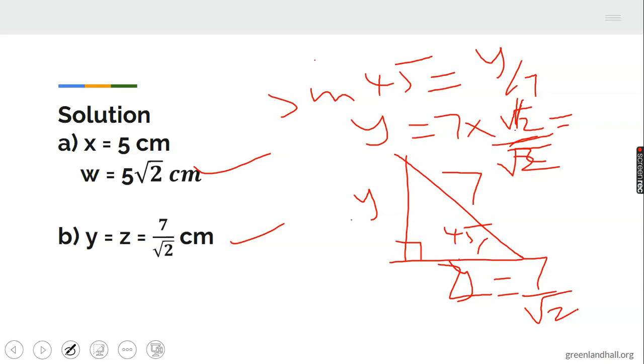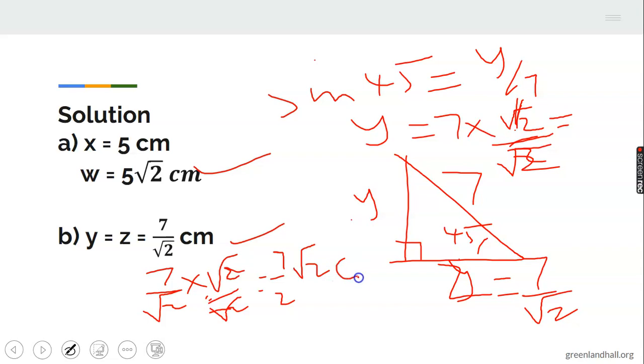When you rationalize 7 over root 2 times root 2 over root 2, the answer will be 7 root 2 over 2 centimeter. This is another way you can express it. And move on.